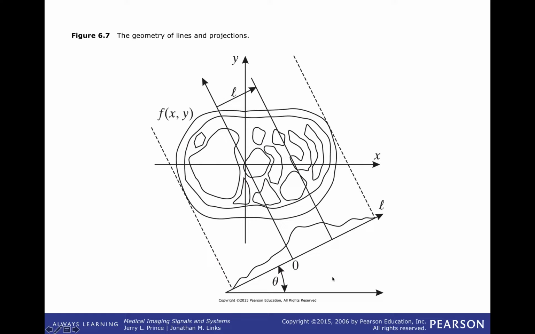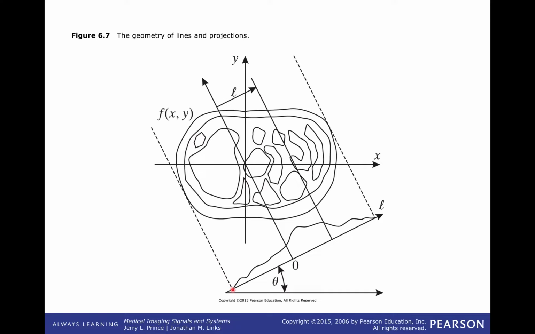And the angle of the projection of the X-rays through that patient will be parameterized by this angle here, theta. So if theta is 0, I'd be doing vertical beams through the patient. Here, theta is about 40 degrees. I'm doing beams at this angle.